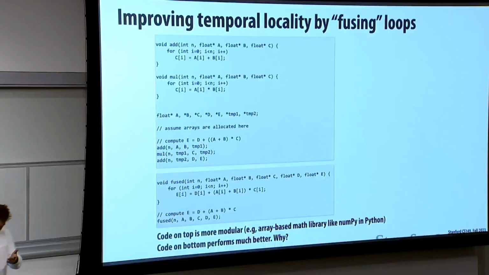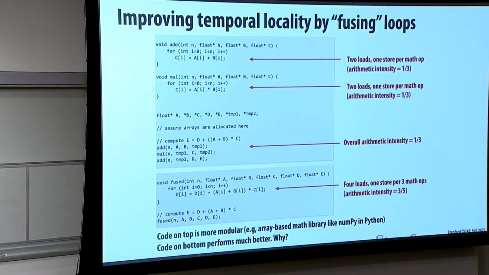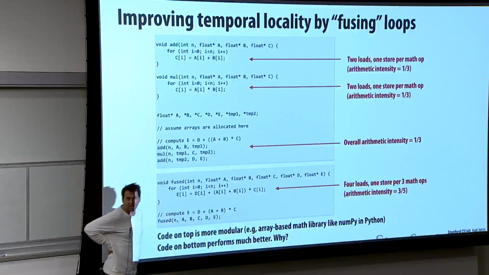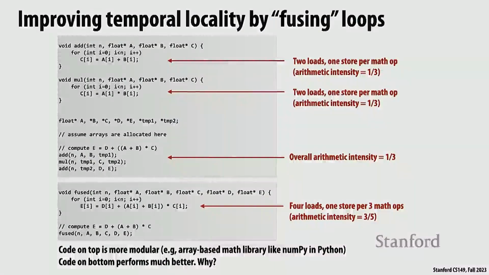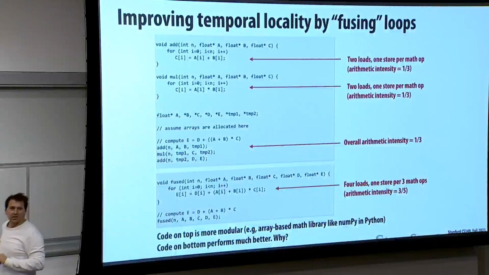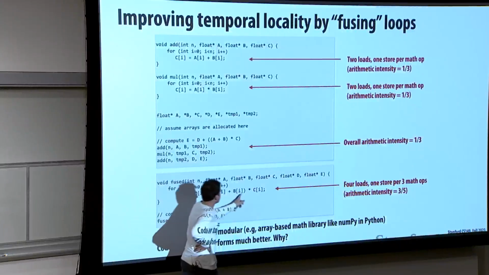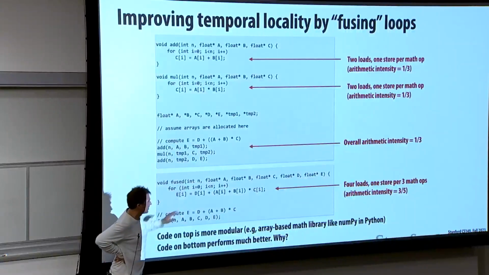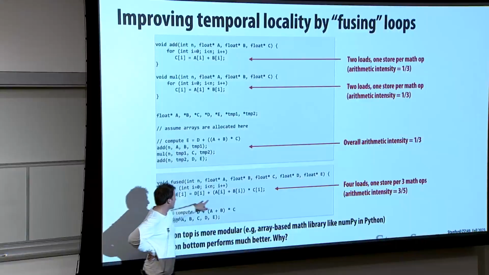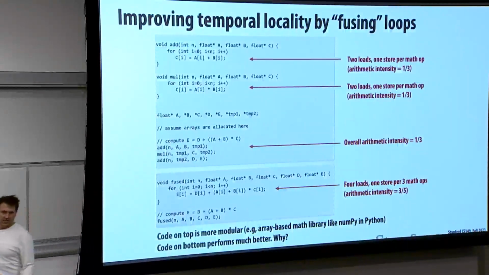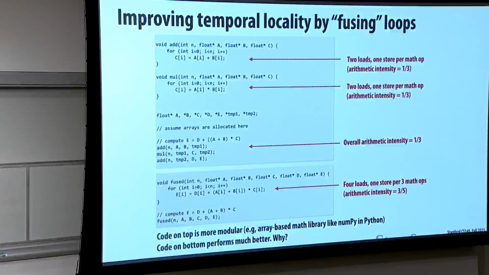So as a result, I'm doing far fewer loads and stores. In the first version, it was 1 math operation for every 3 loads and stores. In this one, I do 1, 2, 3, 4, 5 loads and stores, and I do 1, 2, 3 math operations. So my arithmetic intensity has gone from 1/3 to 3/5.